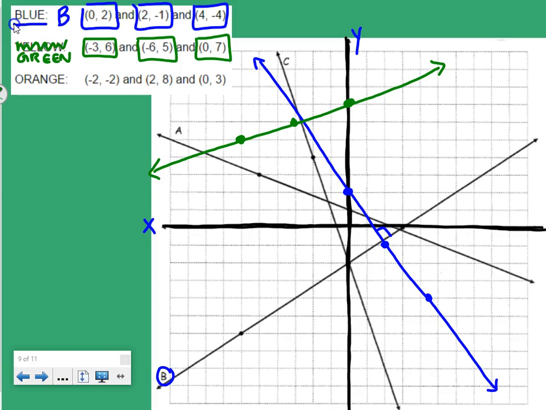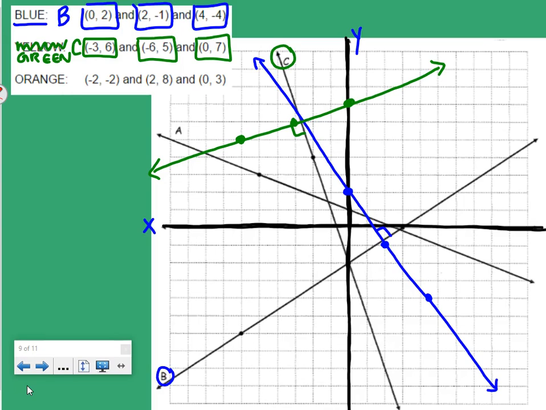And then if we look to find the one it's perpendicular to, C crosses nicely and makes a right angle. So next to the green line, I'm going to put line C. Alright, now the last one is the orange line. That one's going to start at negative 2, negative 2. So we start in the middle of our graph, go left 2, then down 2. 2, 8: start in the middle of your graph, go right 2, then up 8.